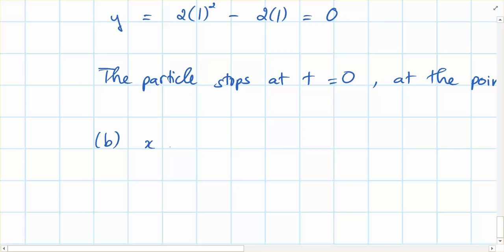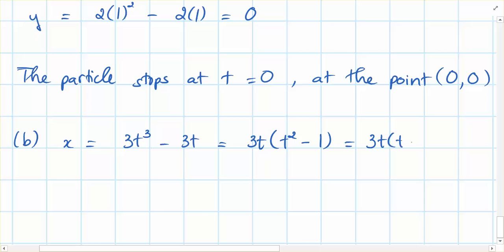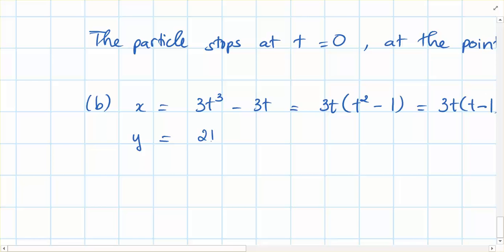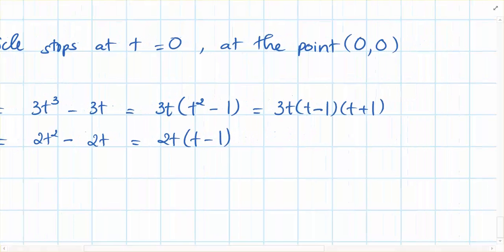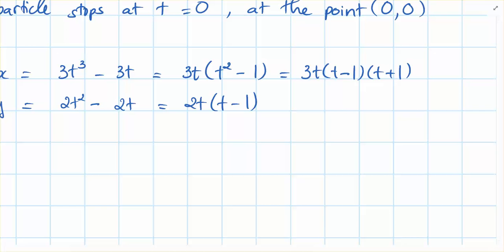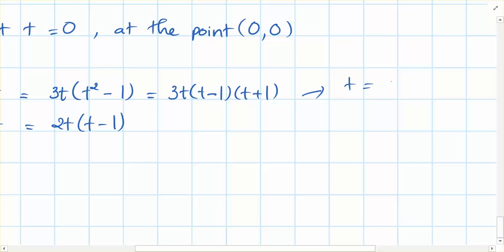So we have x equals 3t cubed minus 3t, and it equals 3t squared minus 1, equals 3t(t minus 1)(t plus 1), and we have y equals t squared minus 2t, equals t(t minus 2). So for x to be equal to 0, t must be equal to 0 or plus or minus 1.